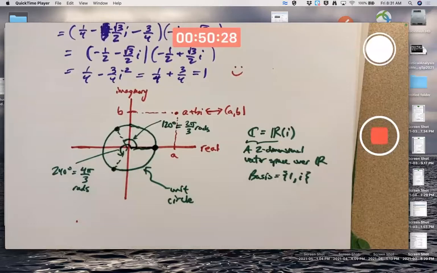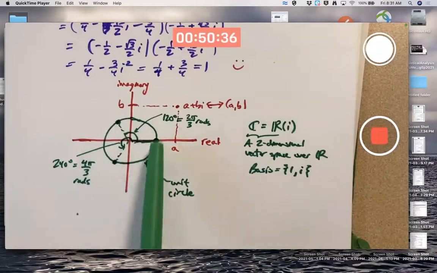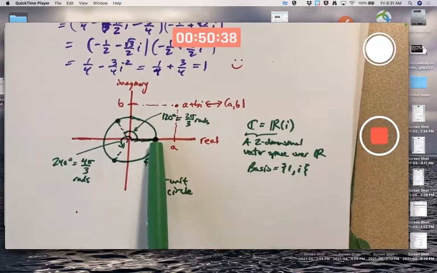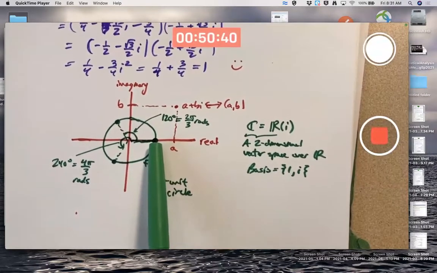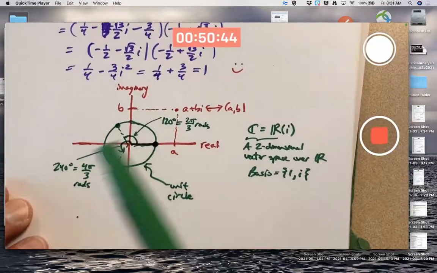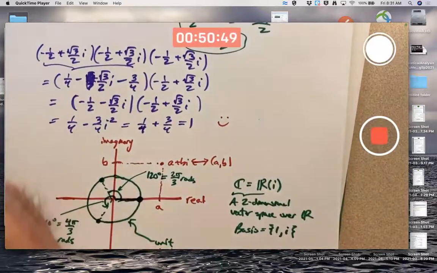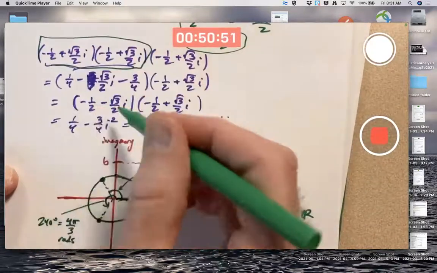More abstract algebra here. These three numbers form a cyclic group of order 3. And 1 plays the role of the e, the multiplicative identity. These two numbers are generators. And hey, that's why when I squared this one, I got the other one. When I squared this one, I got the other one.